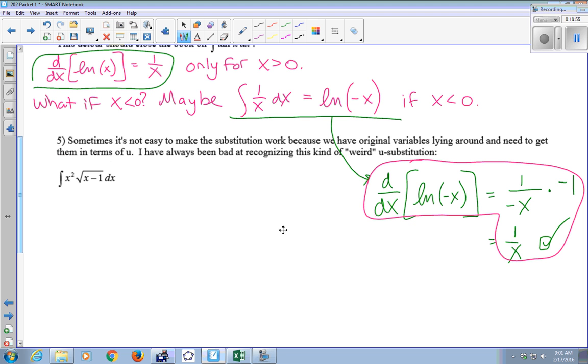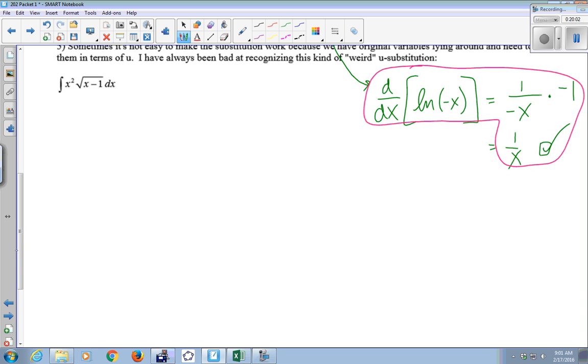When I'm trying to take an antiderivative, I have to combine them into one statement. So the integral of 1 over x dx: there are two functions that have that as its derivative, ln x or ln of the opposite of x, right?